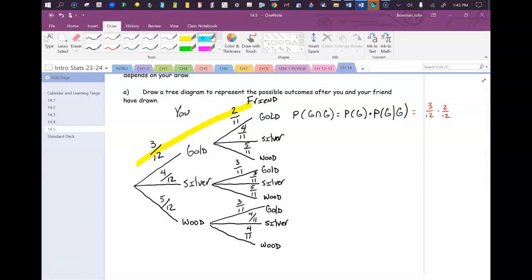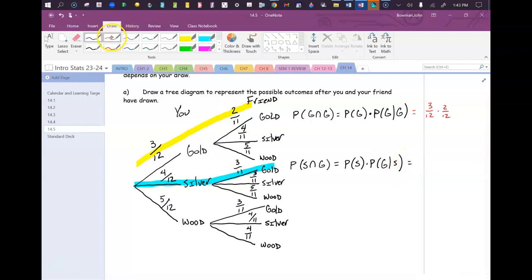Likewise, if you wanted to find something like the probability that you draw silver and your friend draws gold, then you can say, well, that's the probability of silver and gold, which is equal to the probability that you draw silver times the probability that your friend draws gold, given that you've drawn silver.